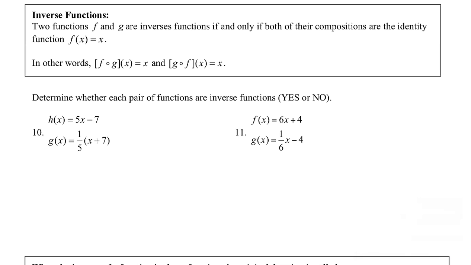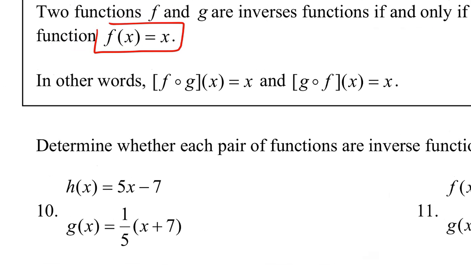Inverse functions: two functions, f and g, are inverse functions if and only if both of their compositions are the identity function, which means this: f of x equals x is the identity function. In other words, f of g, this is f-circle-g notation, this is not multiplication. It is composition of functions.